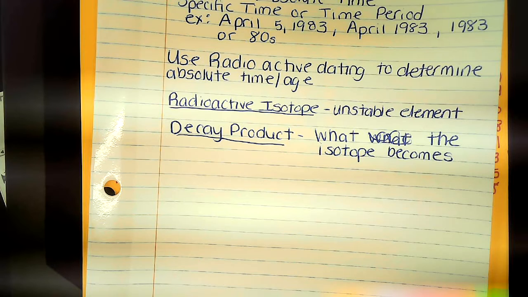Just like when you think of a decaying apple, you have a nice red, shiny, tasty, crispy, good apple. And when it decays, it turns into something completely different, a brown pile of mushy disgustingness that smells bad, tastes bad, feels bad.